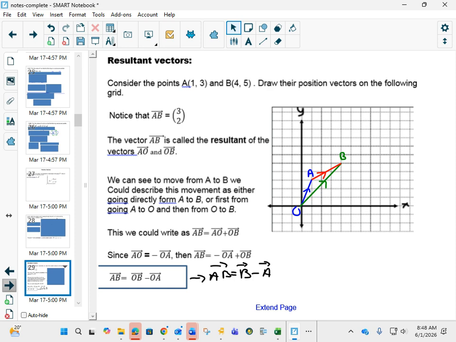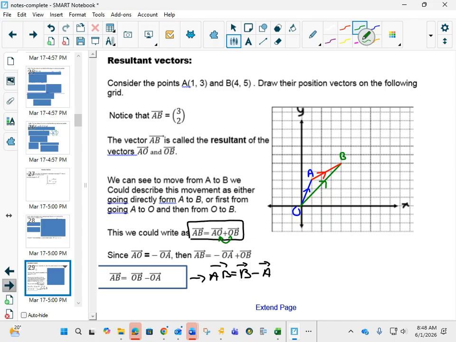And this has something sort of similar to matrix multiplication. So here is the equation that I just said. A to B is like going from A to O and then O to B. And do you notice, just like in matrices, we had things that were compatible with adding vectors?